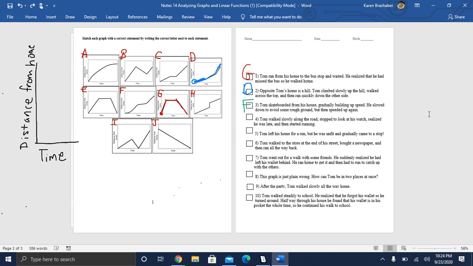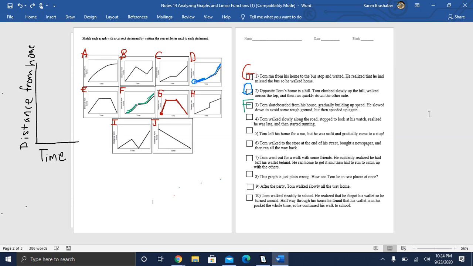Skateboarding is taking time. Building up speed means that it's a greater slope. It's steeper. And then he slowed down so that speed flattens out. And then he speeded up again. So we have this faster climb, always getting further from the house. So that's graph F.